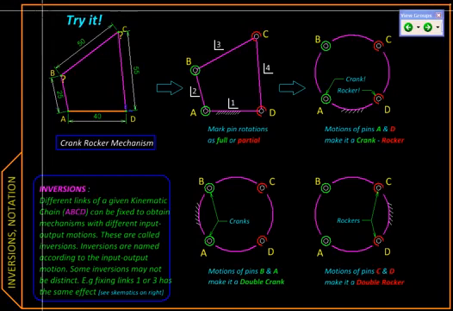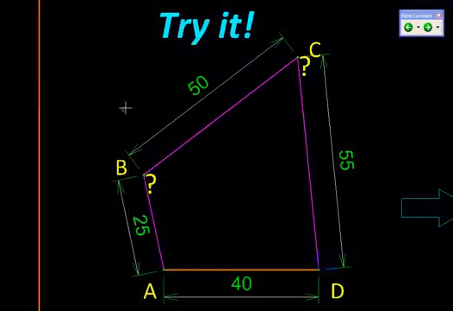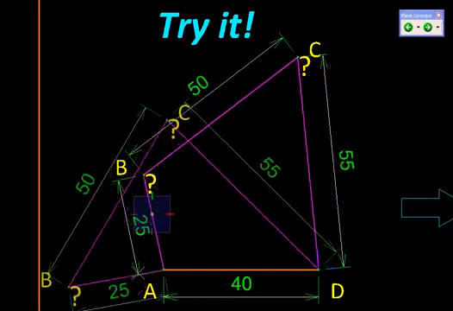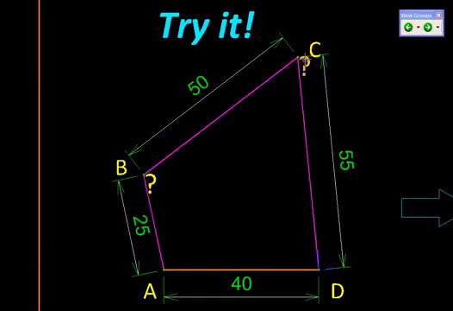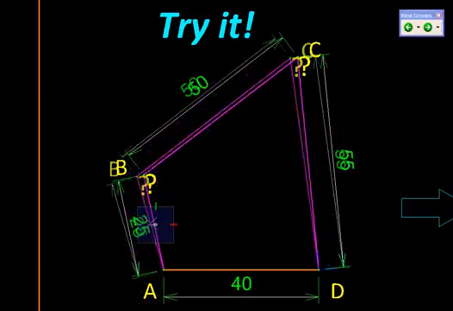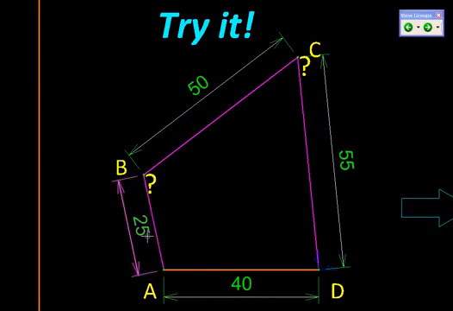For example, in this case, we can give input to link AB, which is capable of complete rotation, so we would call it a crank. Then the output link CD only oscillates, giving us a rocker. So here we have a crank rocker mechanism by fixing link AD.